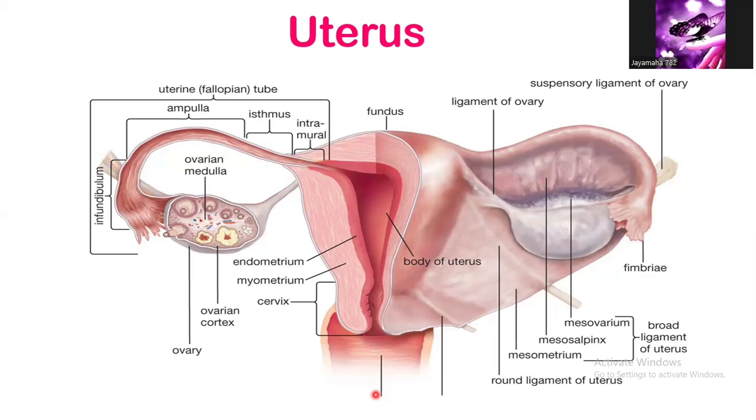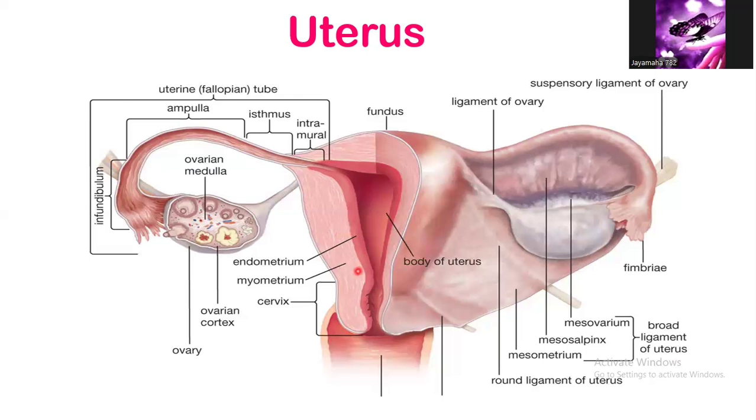And the uterus has three layers. Here is the endometrium, this is the myometrium, and this is called the mesometrium. The endometrium is the inner layer. It's a highly vascularized and glandular layer. It undergoes cyclic changes during the menstrual cycle, shedding during menstruation and thickening for implantation.